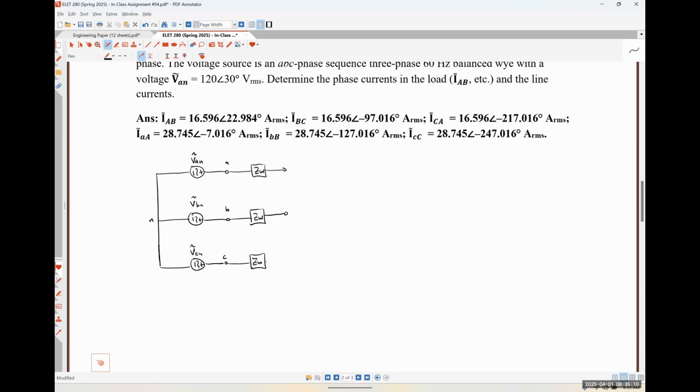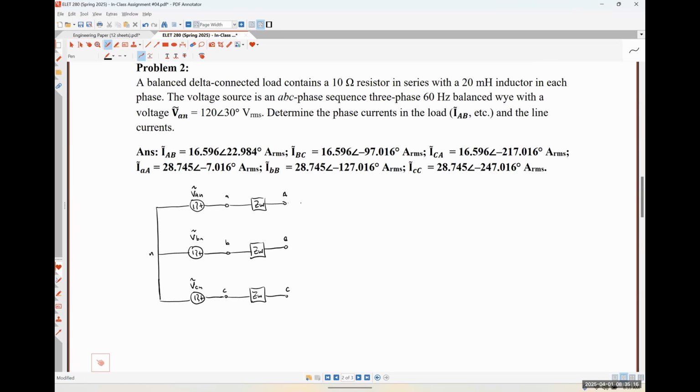And I'll explicitly write that down in just a moment. And then we have our balanced delta connected impedance here.